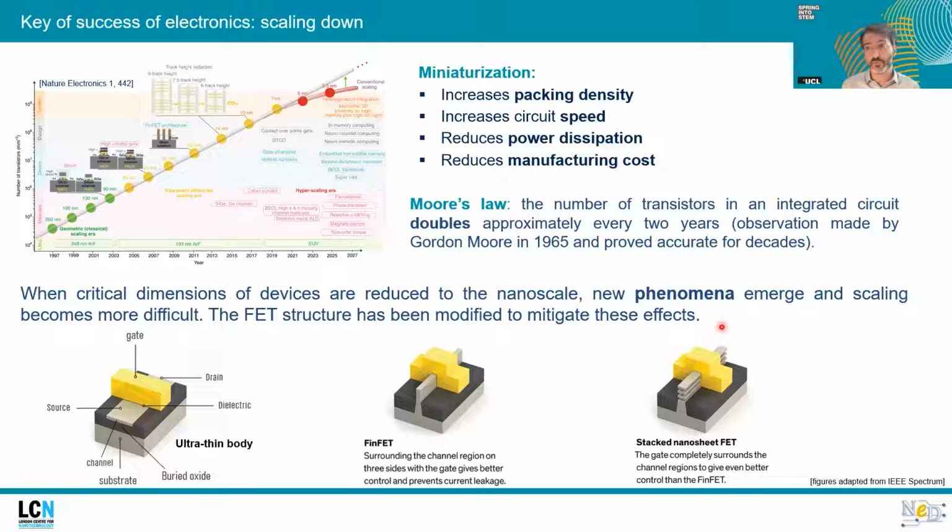First of all, reduce the thickness of the channel, then move towards three-dimensional structures, and in particular the FinFET, which is the current technology, and then move towards what is called gate all around, where there are nanosheets which are surrounded by the gate.